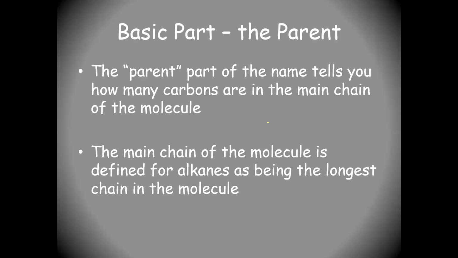We can make others also. The parent part of the name tells you how many carbons there are. For example, methane means 1 carbon. Ethane means 2 carbon. Propane means 3 carbon. This is the main chain of the molecule.